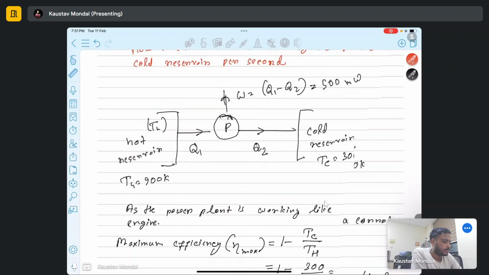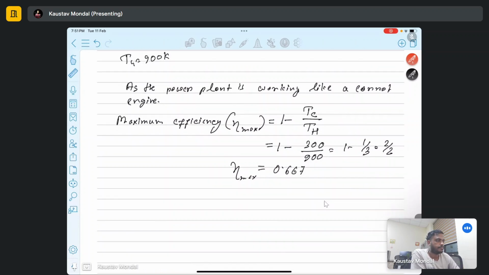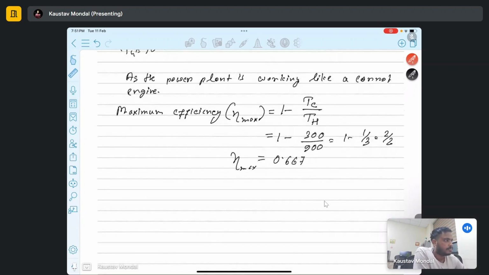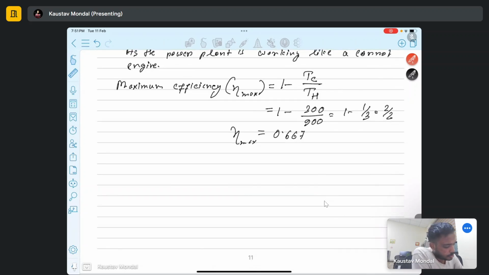And you can use this maximum efficiency to calculate the other quantities also. Okay, what is the first quantity that you have to calculate? The first quantity is the heat input. Eta you can also write as work done divided by Q input, that means Q at high temperature, the heat that is getting inputted.